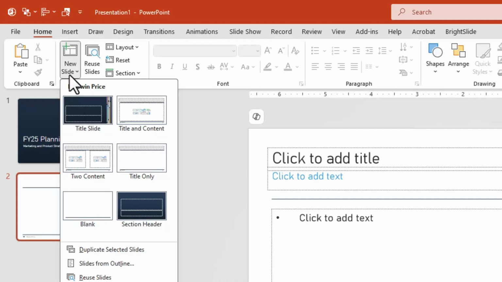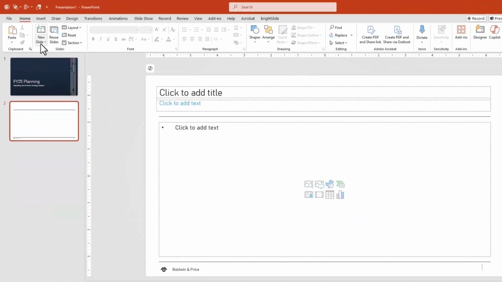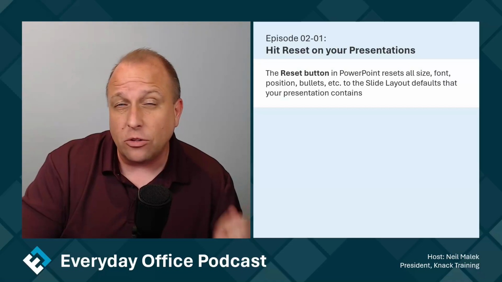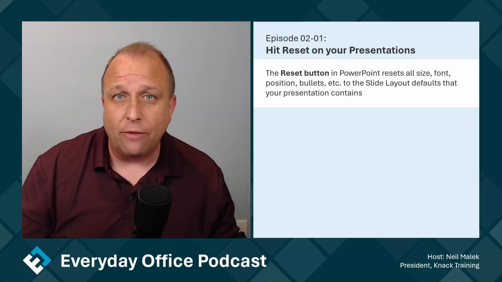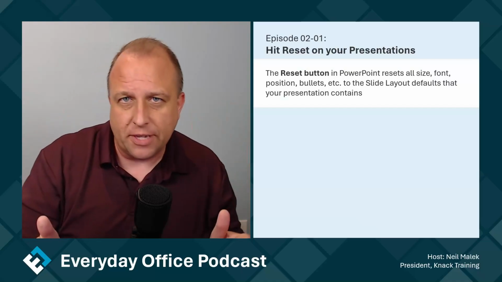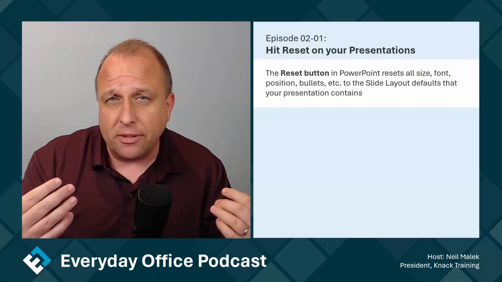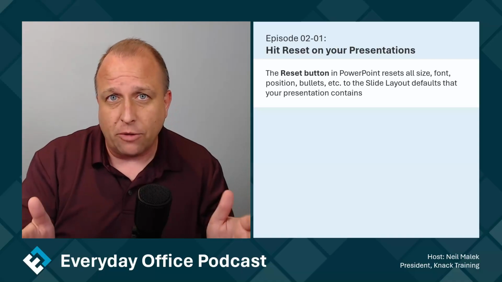So whoever designed the template also designed those layouts, and you can use one of those layouts, right? That's one of the things that you can choose to use to create a new slide in your presentation. Now, here's the problem that a lot of people have. They'll go into their presentation, and I'm sure this has happened to literally everybody listening to the sound of my voice right now.